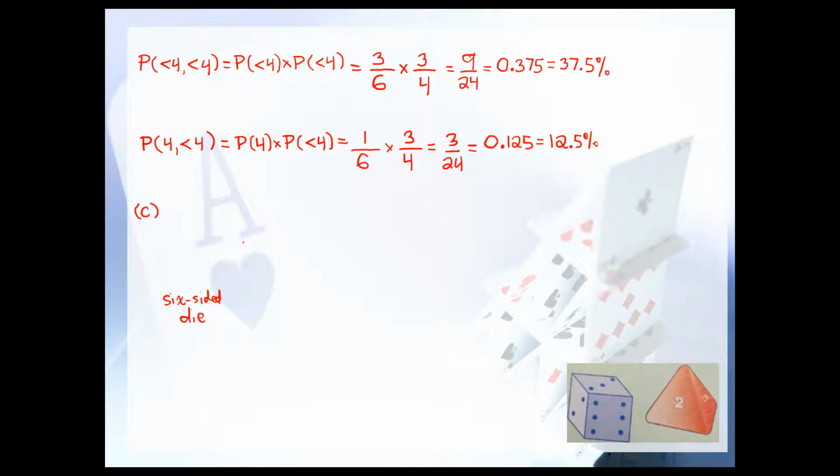On the 6-sided die, you have events where you can roll a 1, 2, 3, 4, 5, or a 6. On the 4-sided die, you can roll a 1, you can roll a 2, you can roll a 3, you can roll a 4.